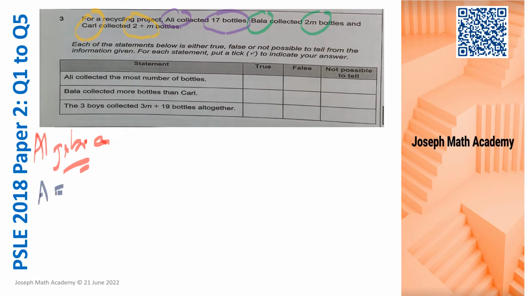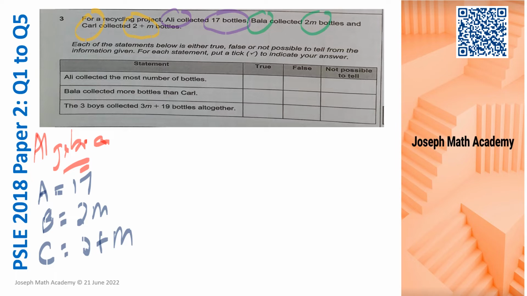A for Ali, 17 bottles. B for Bala, 2M bottles, and Carl, 2 plus M bottles. So these are the info that I have gotten from the question. I'm going to use the info to answer the 3 statements.